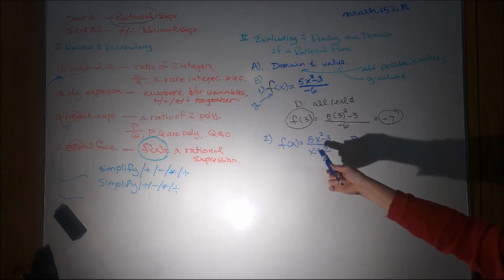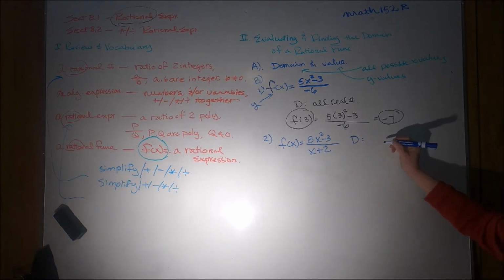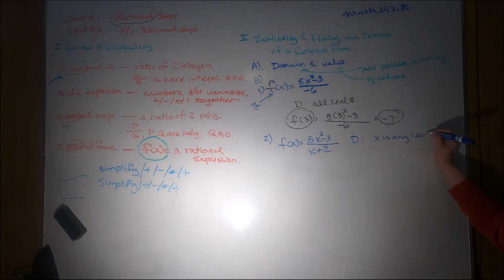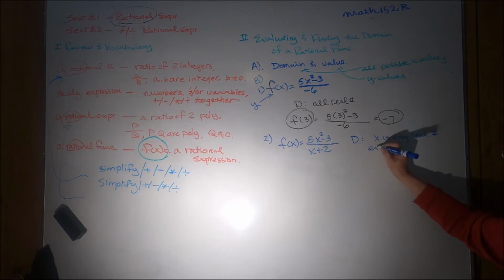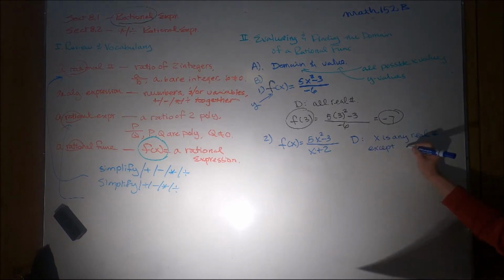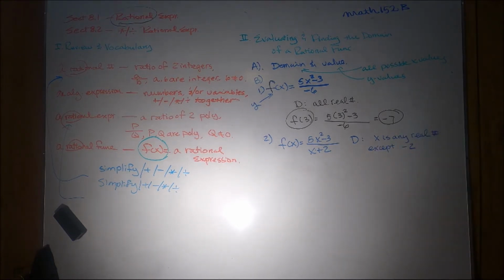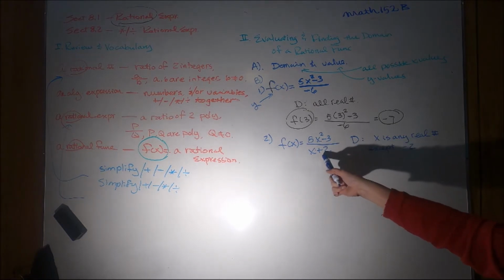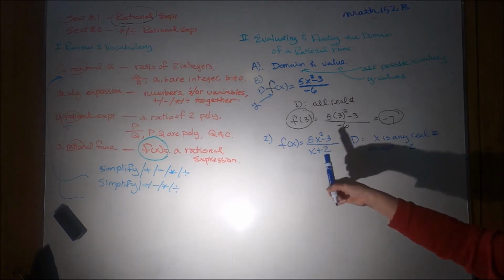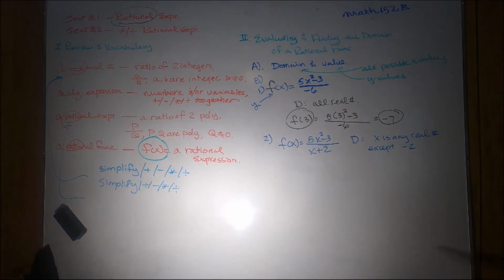You can see x can be anything, right? X is any real number, except negative 2, right? Why negative 2? Because when you put negative 2 there, you will make the denominator 0. And for a fraction, you cannot use 0 as the denominator, right?